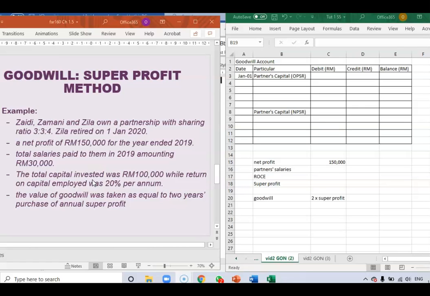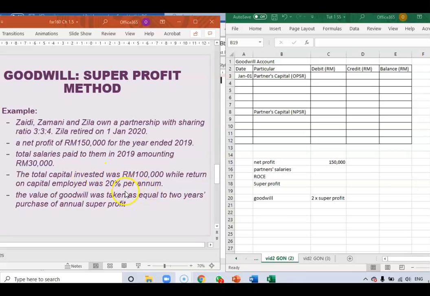The return on capital employed is usually derived from the market. You can look into the business pages in Malaysia, and also Bursa Malaysia, so you get the accepted value of return on capital employed for the year.